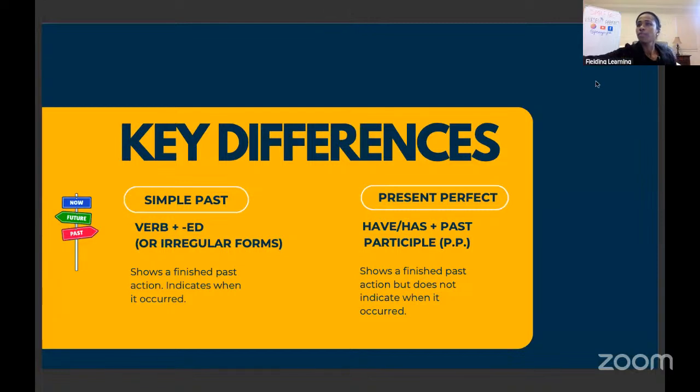And over here, let me choose the other access over here. So as I said, we are talking about the difference between simple past and present perfect. And you have to understand the key difference between these tenses because you use it all the time.